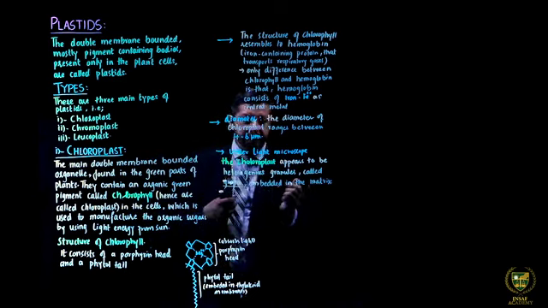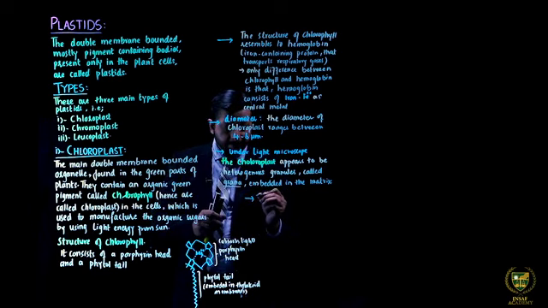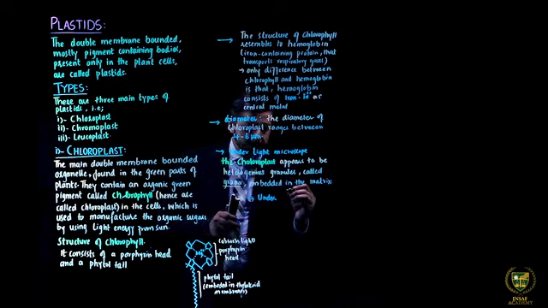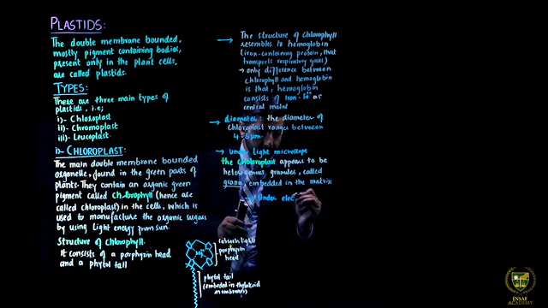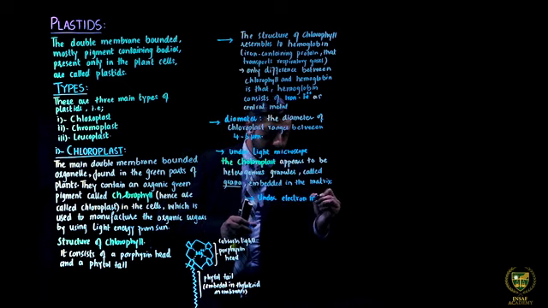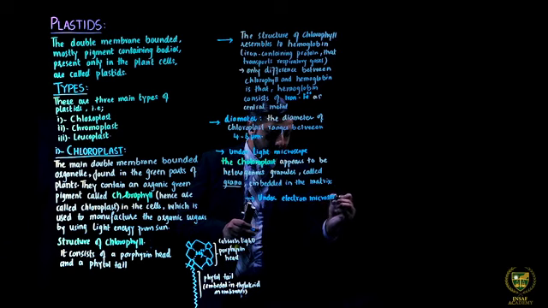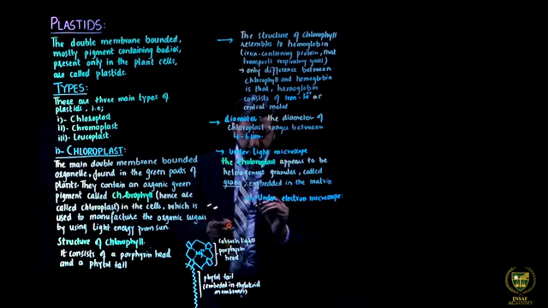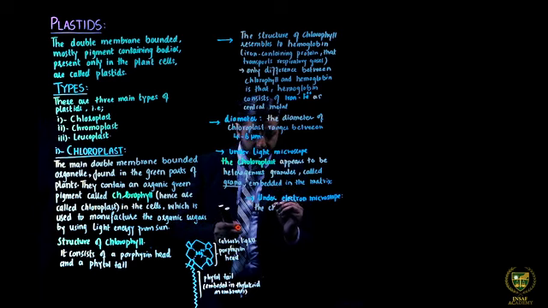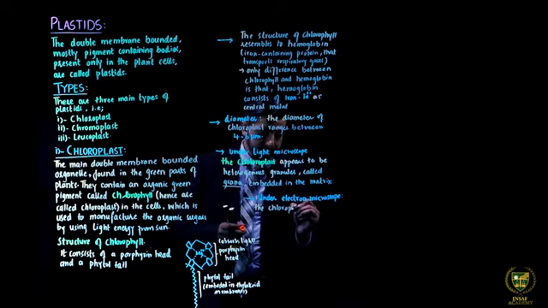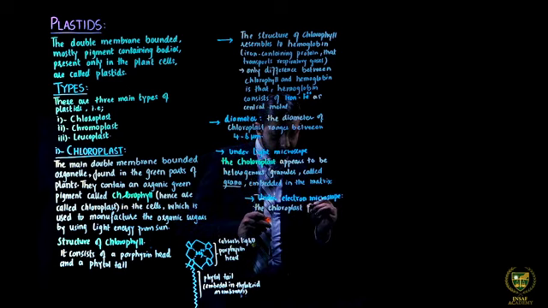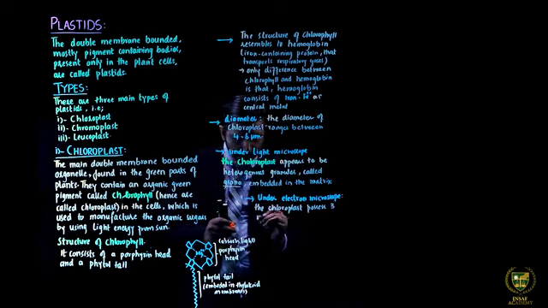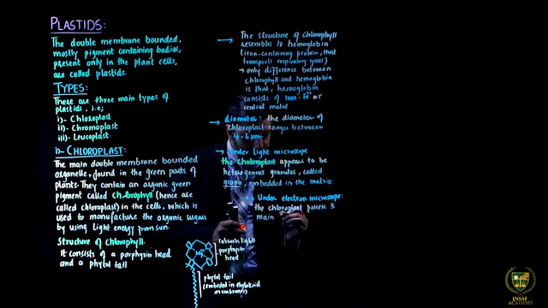But as far as the electron microscope is concerned, so under electron microscope, the chloroplast possess 3 main structures.